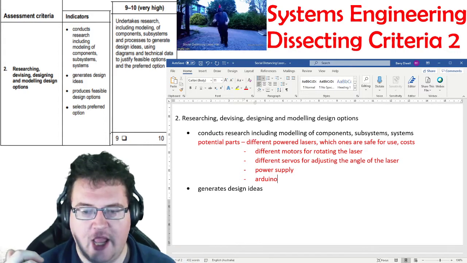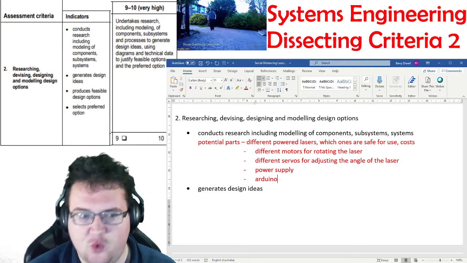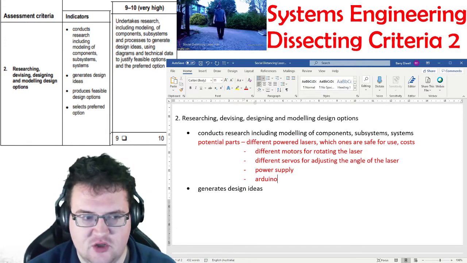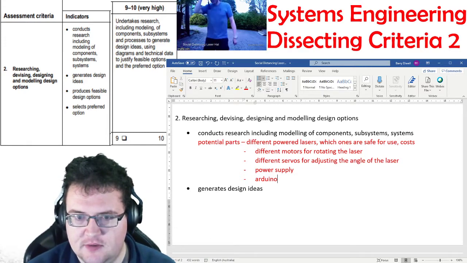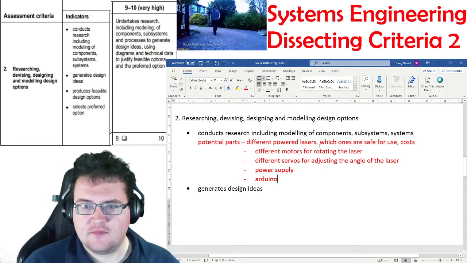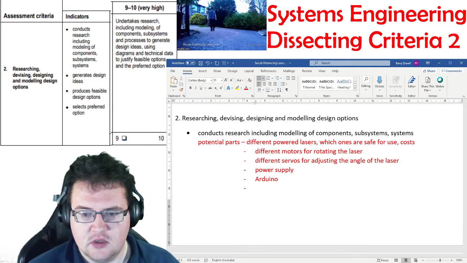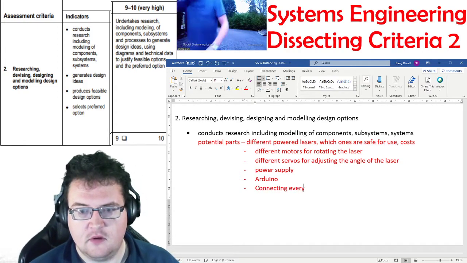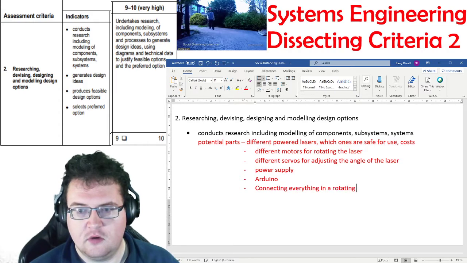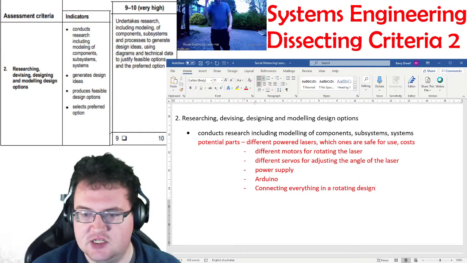Therefore, I can't rely on having any cabling that will need to twist with it because it's not going to be possible. All right. So connecting everything in a rotating design.